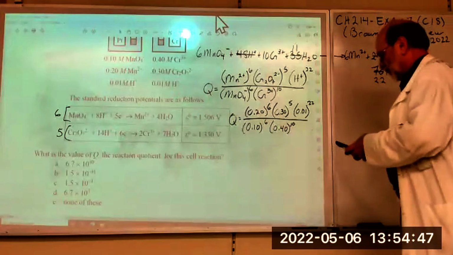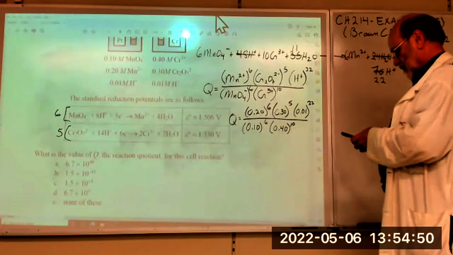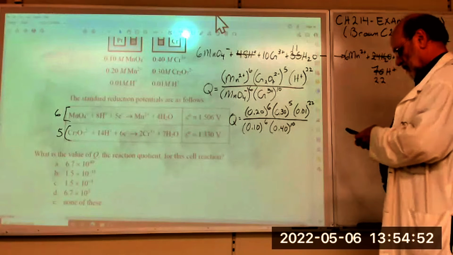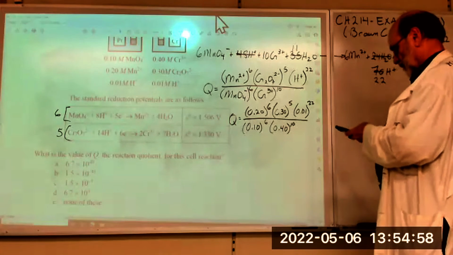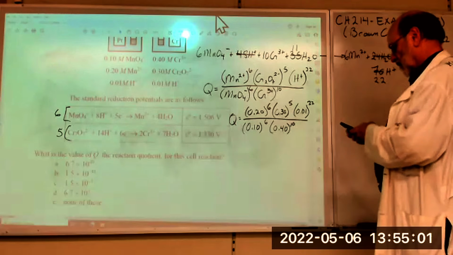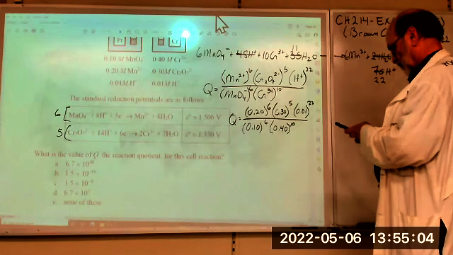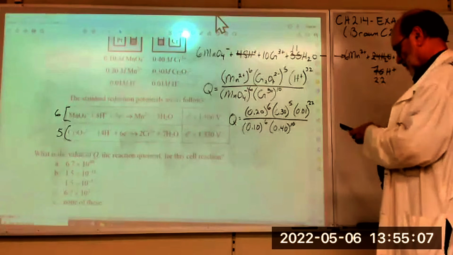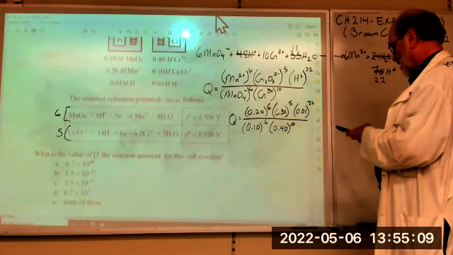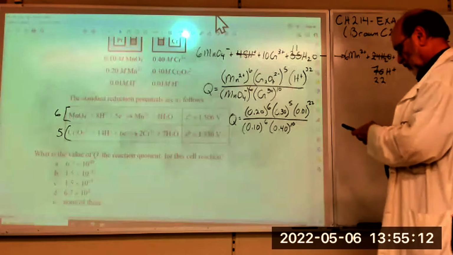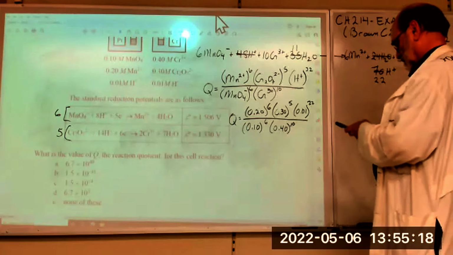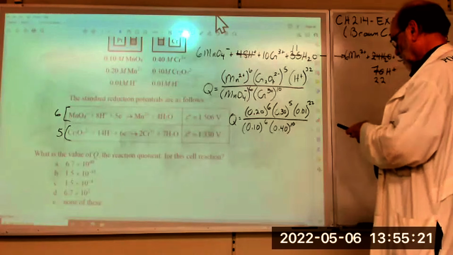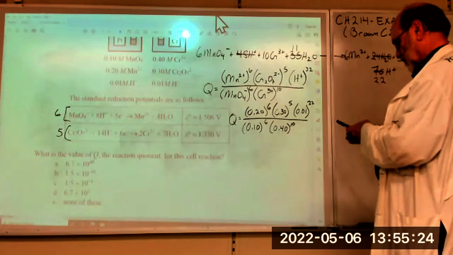See if I can do this without making a mistake. Okay, 0.2 to the 6th power. And 0.3 to the 5th power, 0.01 to the 22nd power, then 0.1 to the 6th power, and 0.4 to the 10th power.